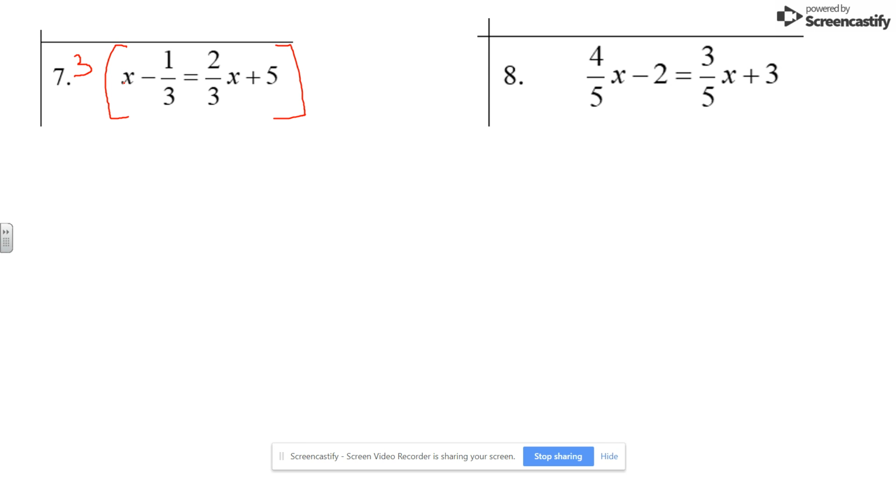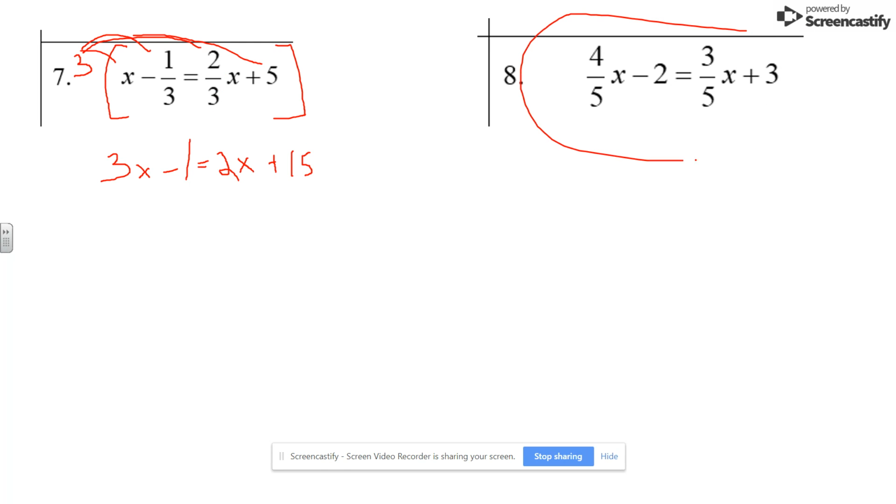So if I multiply by 3, I get 3x. 3 times 1/3 is 3/3, which is just 1. 3 times 2/3 is 6/3, which is 2. 3 times 5 is 15. Notice, again, making sure I multiply everything on both sides by 3.